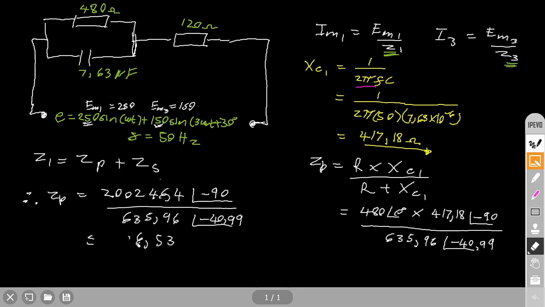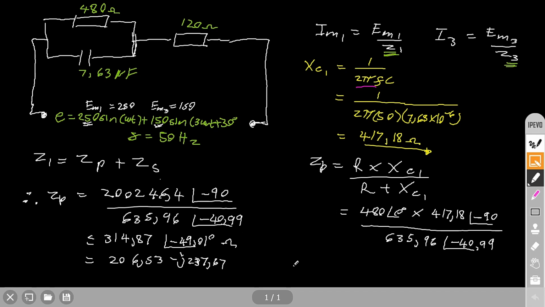When you punch this in your calculator, also just confirm the answer. I just double checked it now, so the answer you will get here is 314.87 at negative 49.01 degrees, and this is in ohms. If you write this in rectangular form, it's 206.53 minus j 237.67.